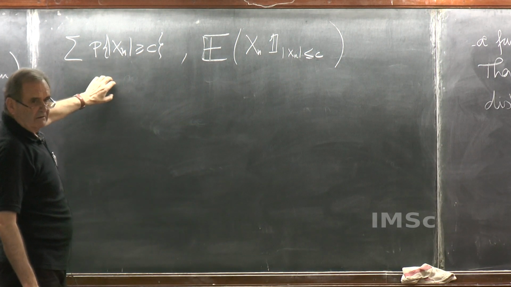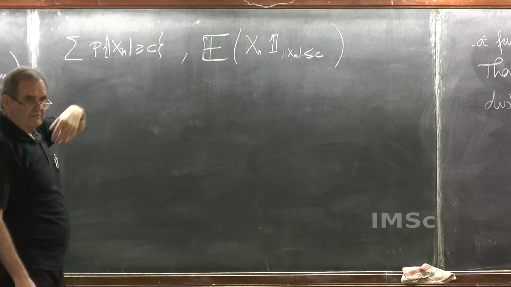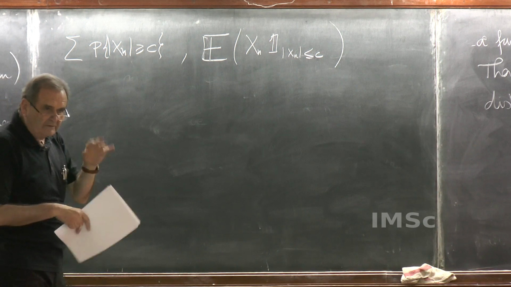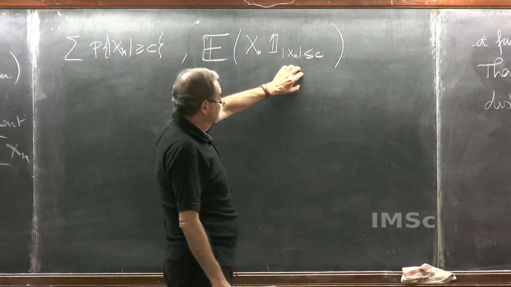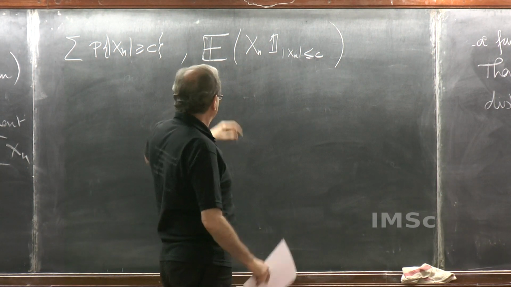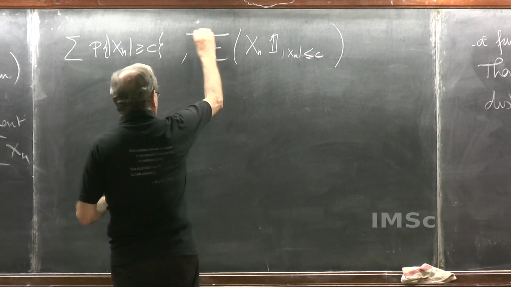Large values, you don't have that many. Now we are concentrating on the small values. Even for the small values, you want the series of the expectation to be convergent.